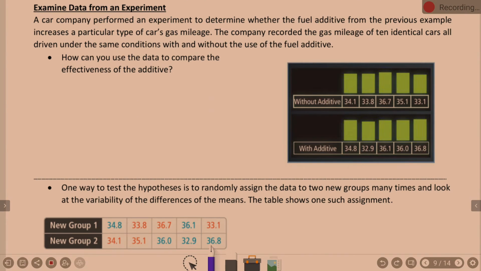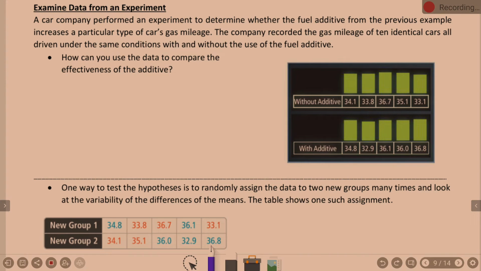Okay, we're going to go back and talk about the gas mileage again. A car company performed an experiment to determine whether the fuel additive from the previous example increases a particular type of car's gas mileage. The company recorded the gas mileage of 10 identical cars, all driven under the same conditions, with and without the use of the fuel additive.